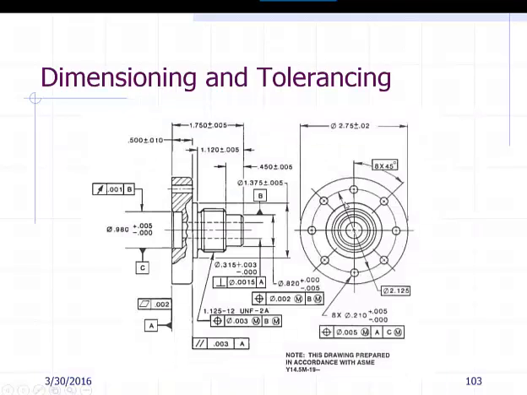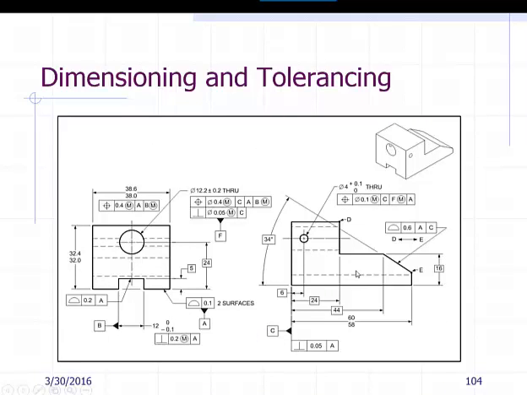A little more complex one. Let's hop over to that one. Take a look at this one. It has, again, a few positional tolerances in it. So for example, this particular hole is saying that it's a tolerance zone of 1/10, and it is relative to datum C. So datum C in this case is actually the left side of the part.